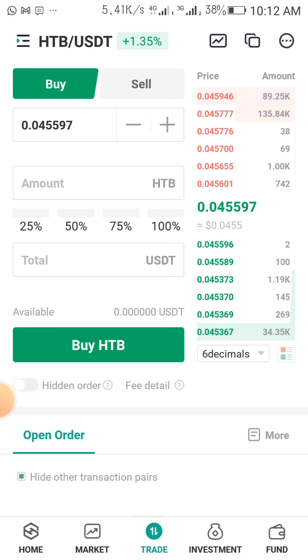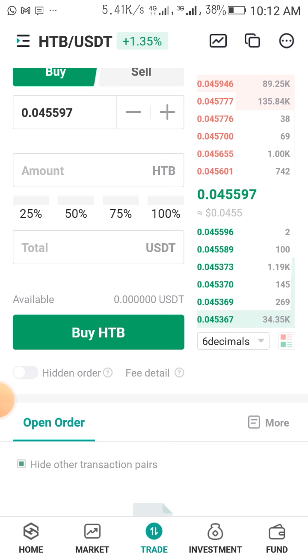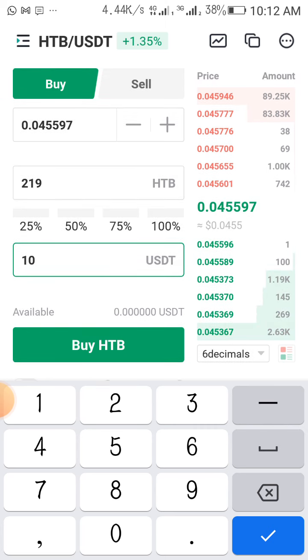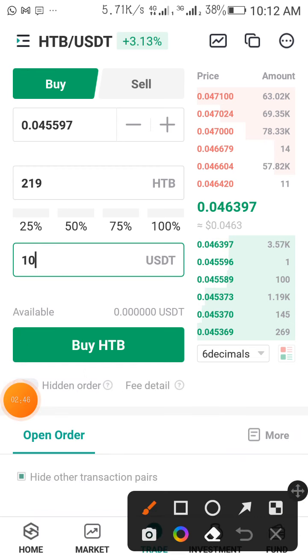Say you want to buy $10 worth of Hotbit token. Let me make one point clearly here. Look at this place.